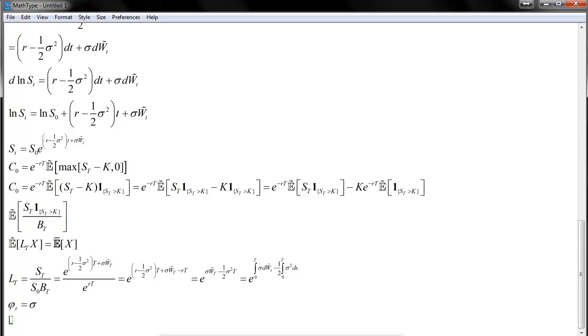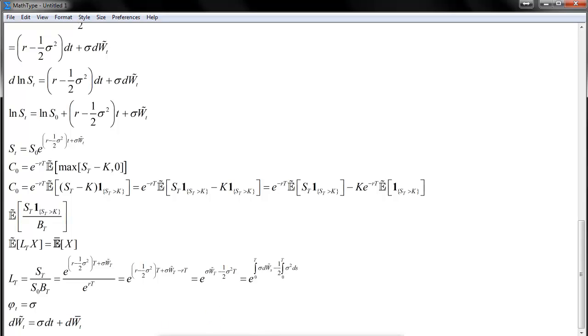Okay, so I can again exercise the change of measure. I have this Wiener process which is equal to sigma t plus a new Wiener process under the new measure.